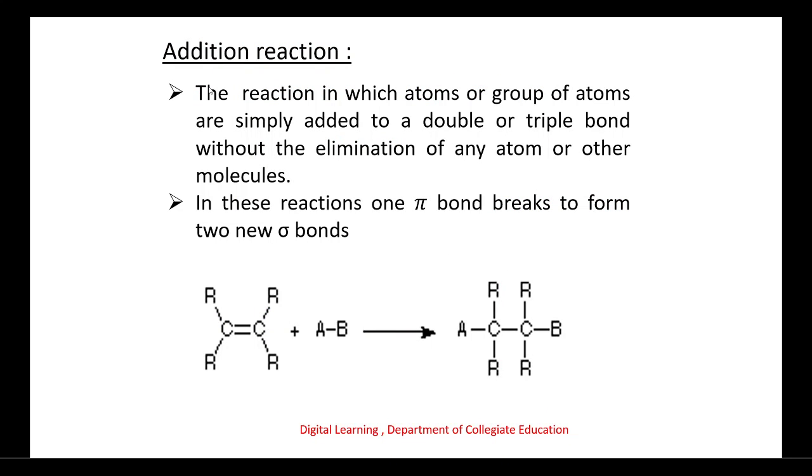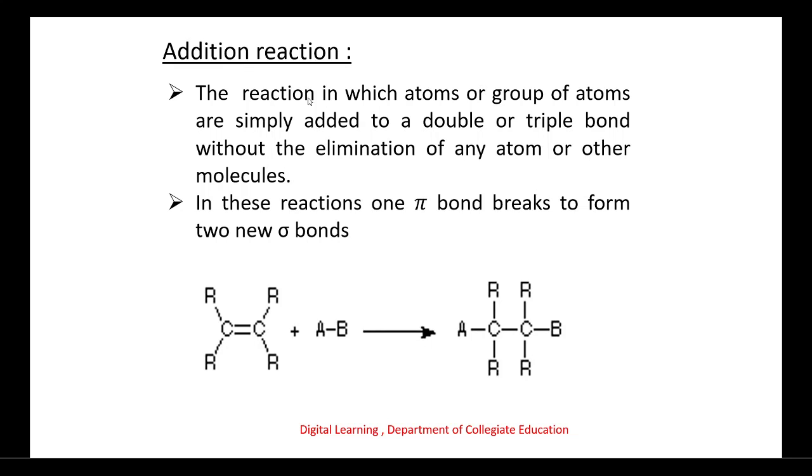Coming to the next type of reaction, which is called addition reaction. Generally, an unsaturated hydrocarbon which has a double bond or a triple bond is characterized by addition reactions.